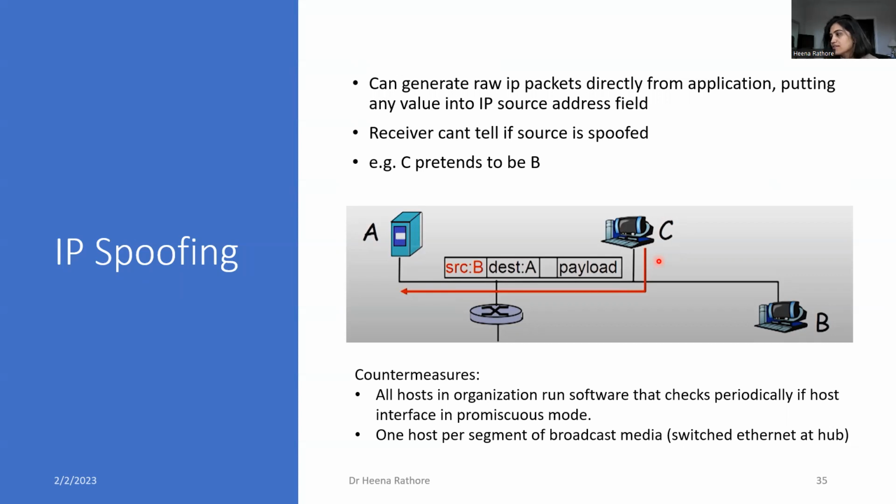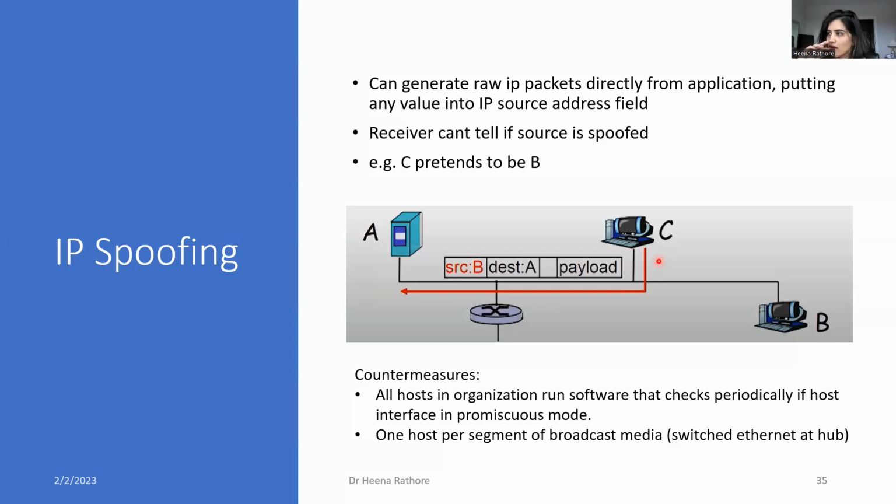Some of the ways that you can have this IP spoofing monitored is that the organization can periodically run some software on interfaces, especially in hidden mode. The attacker cannot understand that this is happening.